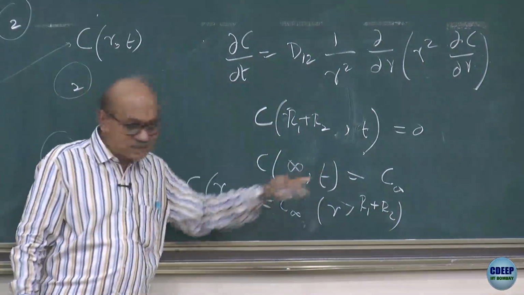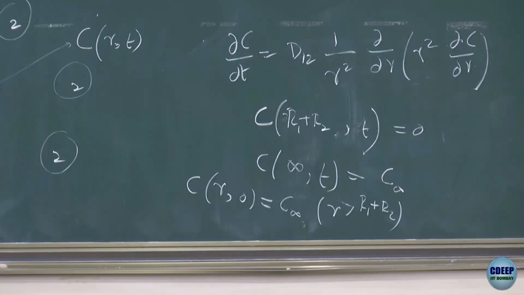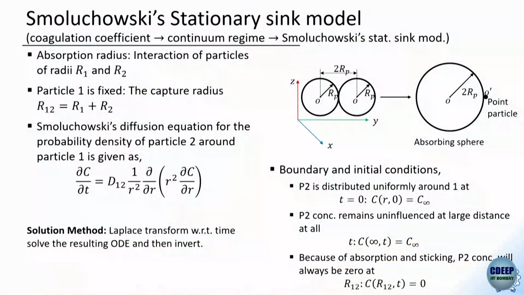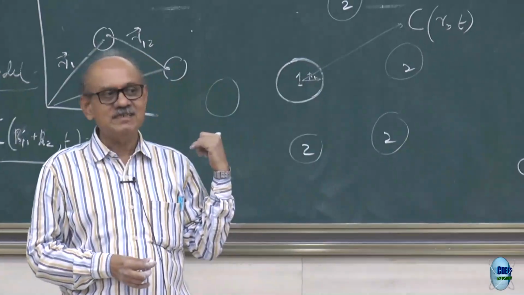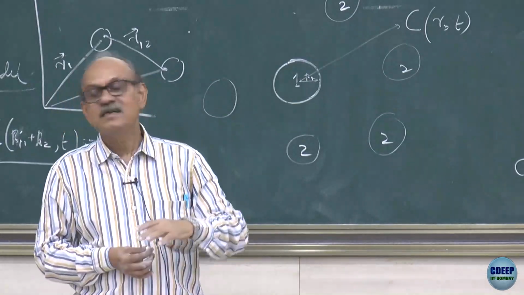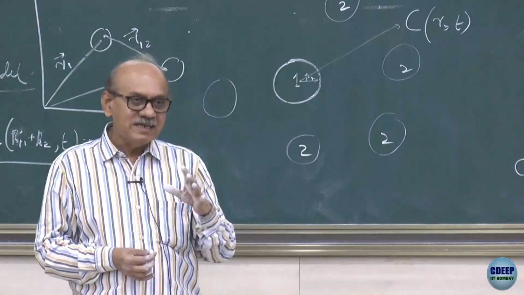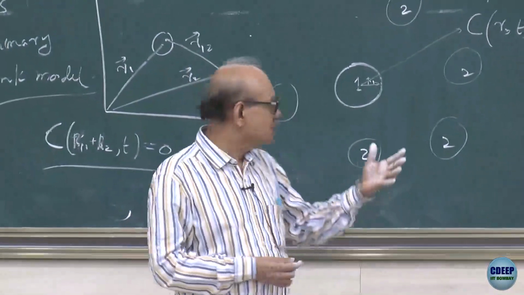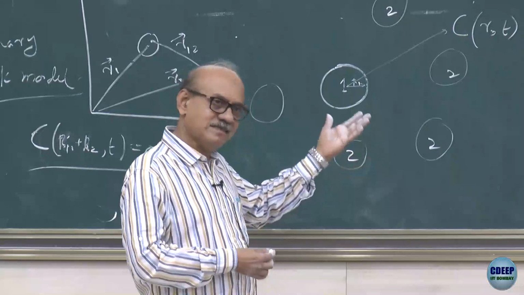The second assumption is a nice one, in the sense, how do I know it is going to remain? My coagulation is going on, would it not deplete all the particles? And that is the beauty of 3-dimensional diffusion, that it allows for the survival of particles at large distances. A steady state solution exists, but in any case mathematics is the guide. So, if it allows for it, well and good.